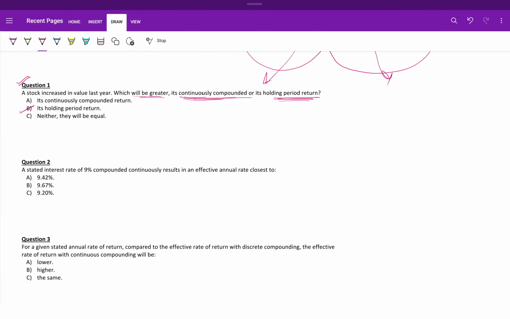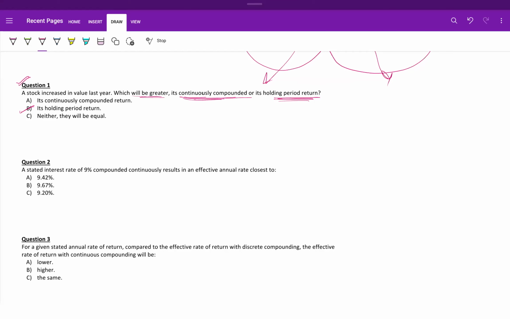Question number 2 is: a stated interest rate of 9% compounded continuously results in an effective annual rate closest to what?